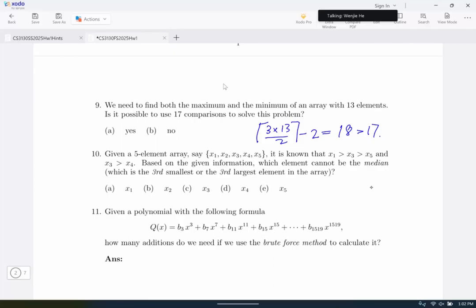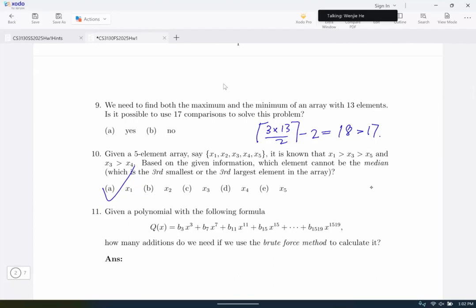All right. Number 10, the answer is A, but several students gave me E.